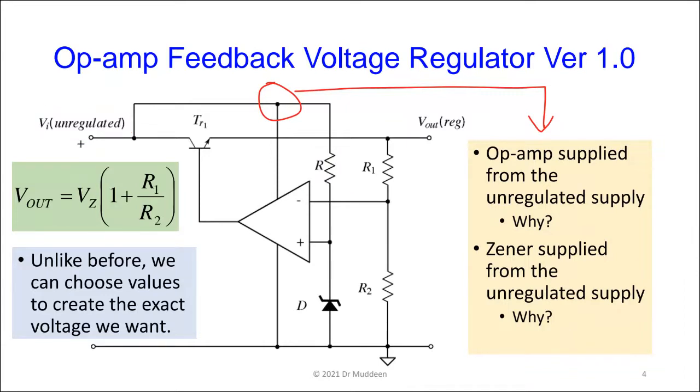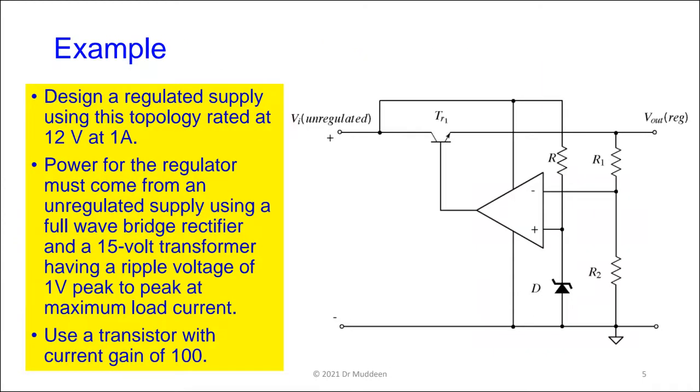So how do we design here? This one is very simple. Again, you start off, so let's repeat the example from yesterday. Using the same thing, 12 volts at 1 amp is what I want out. The regulator is coming from a 15 volt supply, and the transistor again has a gain of 100.